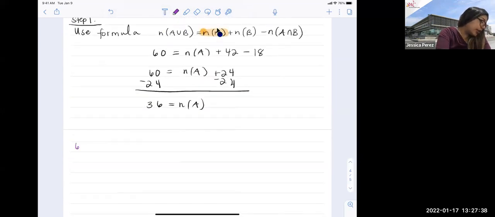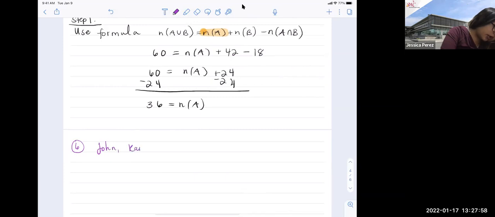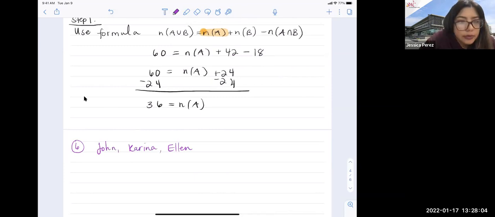Let's do question 6. So let's suppose that we have 6 different people and we want a set of 3 people. So on here, let's say that we have John, Karina, Ellen, let me see, 1, 2, 3, 4, 5, 6.